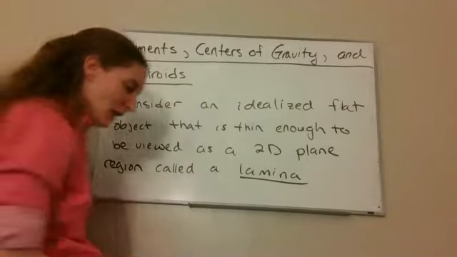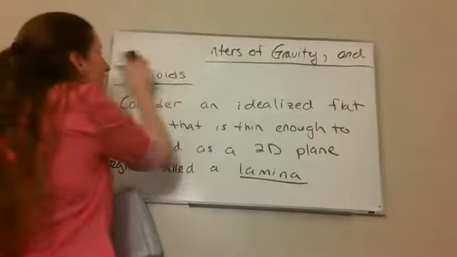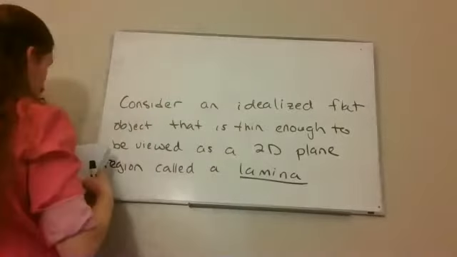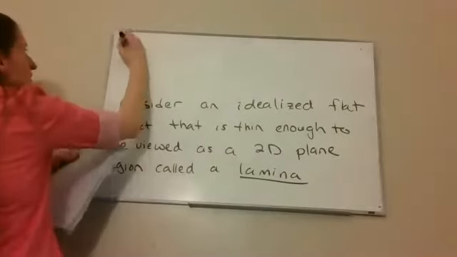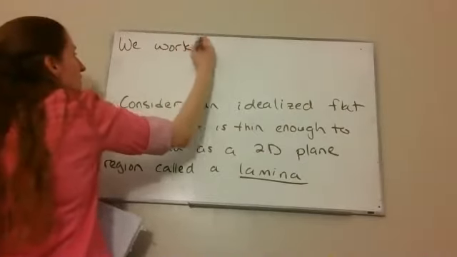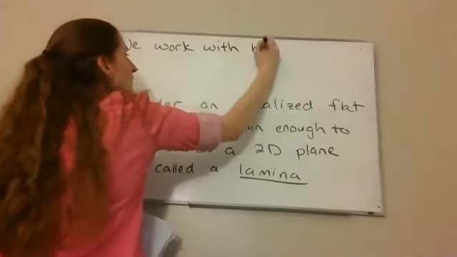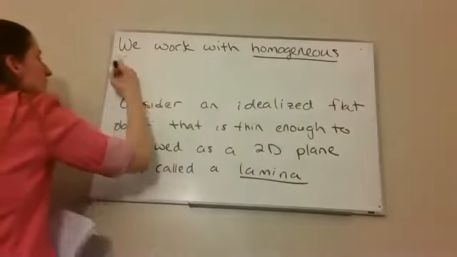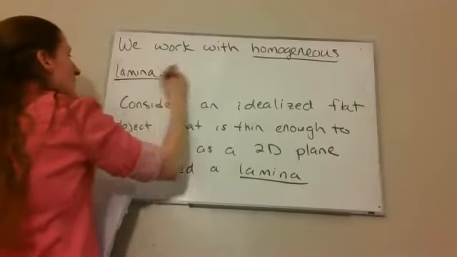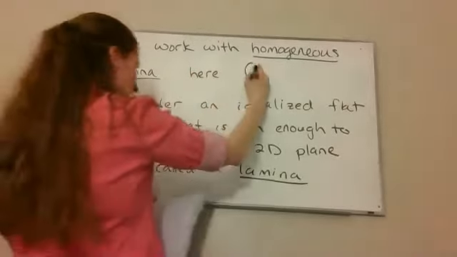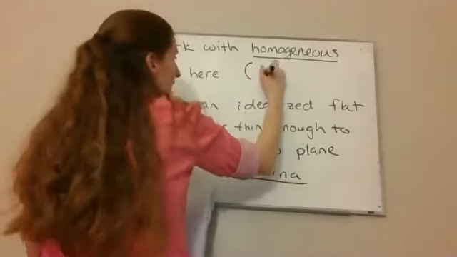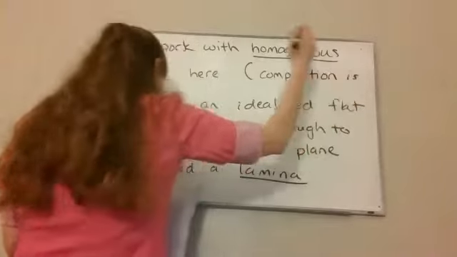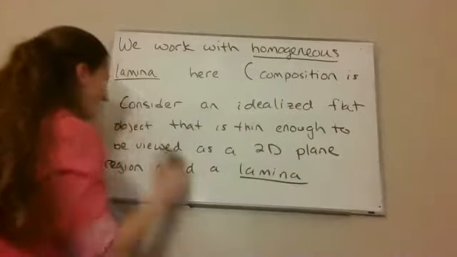very thin. And in this particular video and class, we are going to consider what are called homogeneous lamina. And homogeneous lamina are just ones whose composition is uniform throughout the whole object.